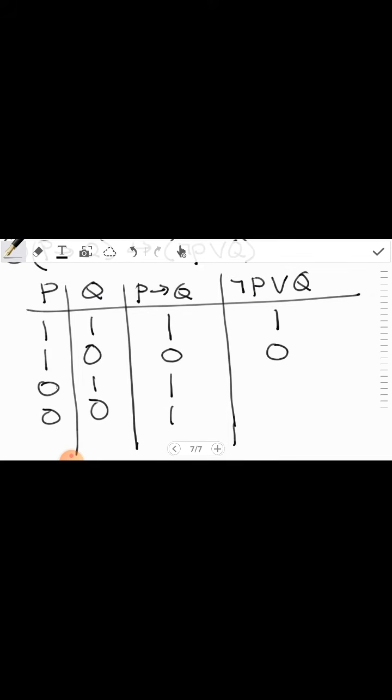This becomes 1 or 1. That must be true. We negate this, becomes true or false. This will be true. Check out this third column and the fourth column. They are equal. So that's for the material implication number 8.